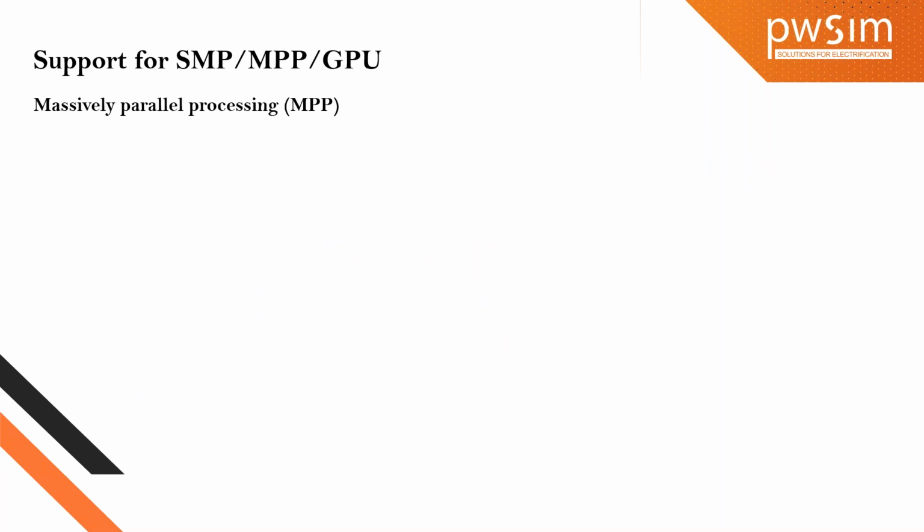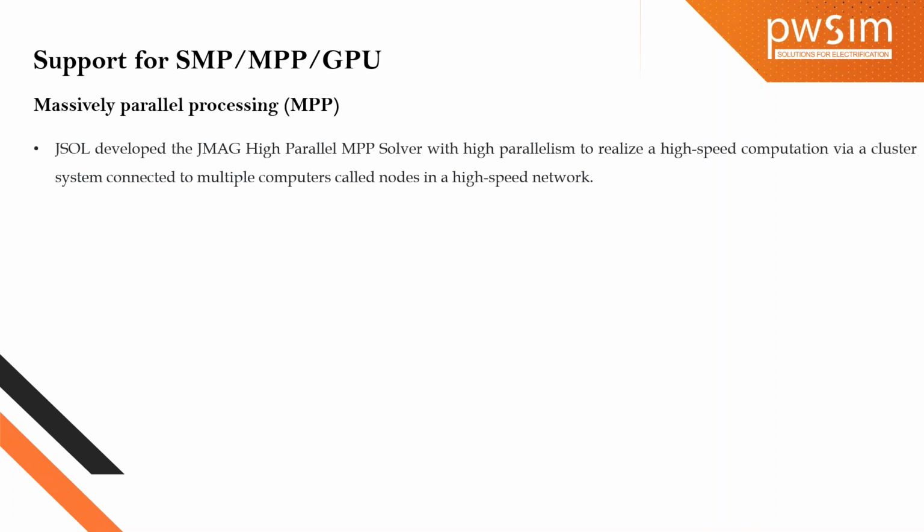Let me talk about the MPP, that is massively parallel processing. JSOL developed the JMAG high-parallel MPP solver with high parallelization to realize high-speed computation via a cluster system connected to multiple computers called nodes in a high-speed network.